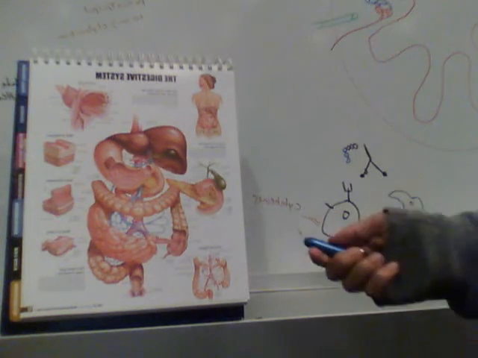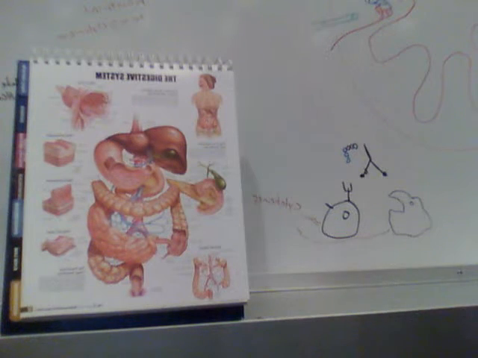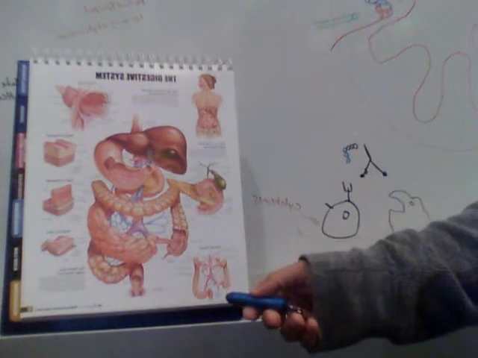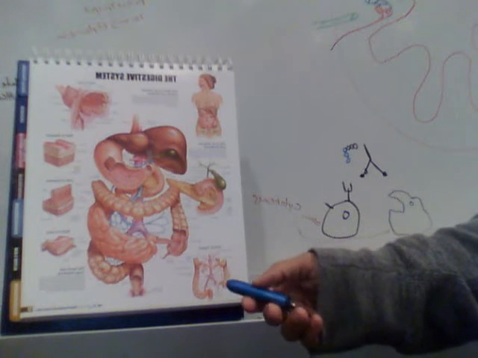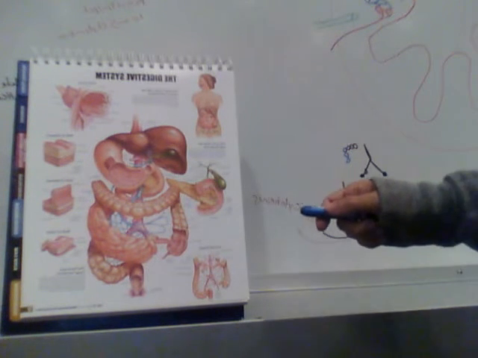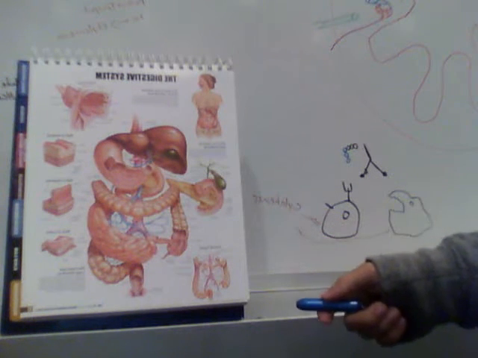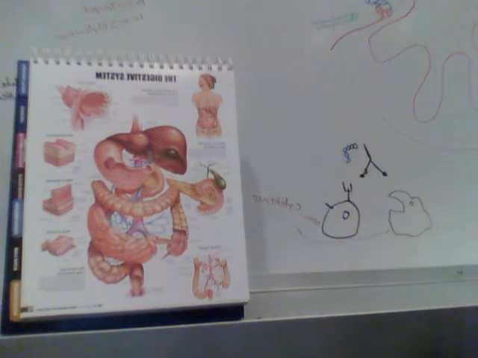By the time our stool reaches our sigmoid colon and our rectum, hopefully it's full and rich with fiber. It holds it here for not that long. By the time it reaches the sigmoid colon, instantly you're going to have the urge to go to the bathroom, okay? So understand that the urge to go to the bathroom and the nervous system from the lumbar plexus starts triggering the anus and the rectum to want to defecate, okay?